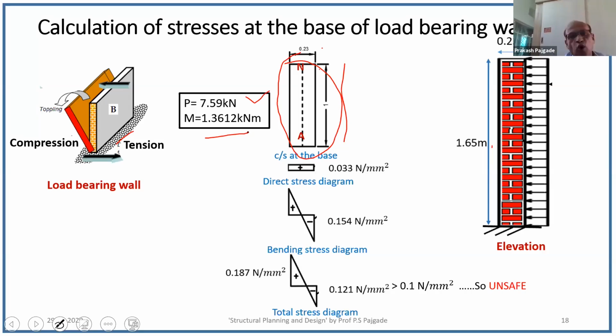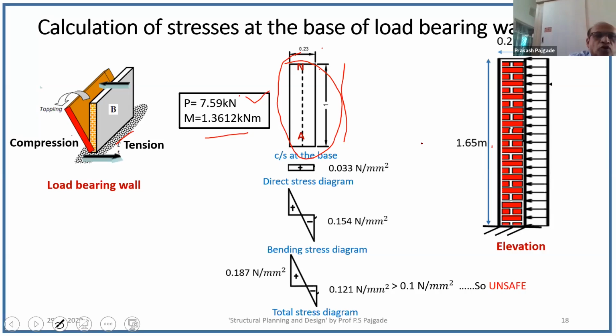So for calculation of stresses at the base, we can first calculate the value of direct stress, which will be P divided by area at the base, and that value comes out to be 0.03 Newton per millimeter square.